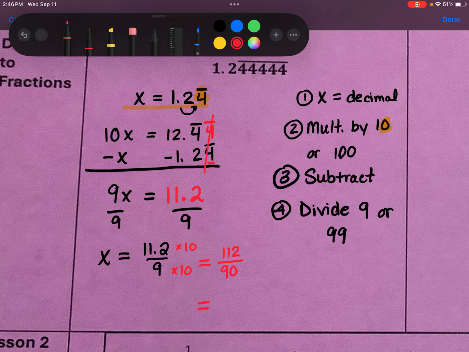90 goes into 112 one time. 90 times 1 is 90, so I have 22 left over. And then that simplifies to 1 and 11/45.